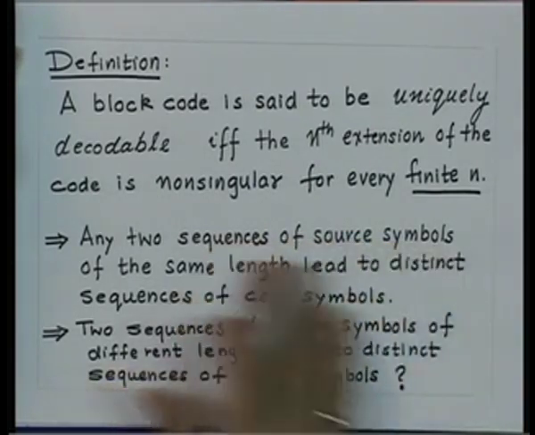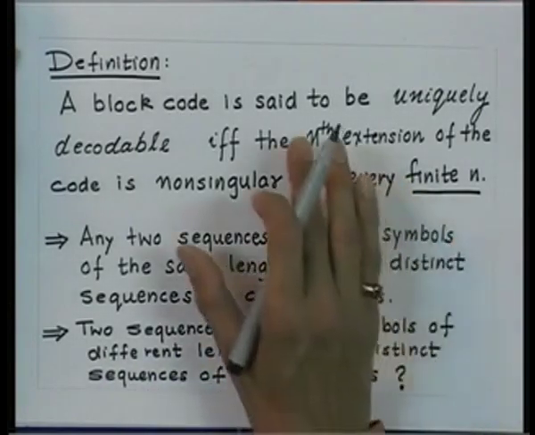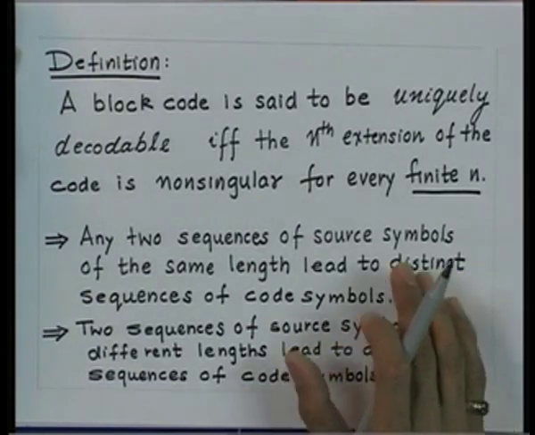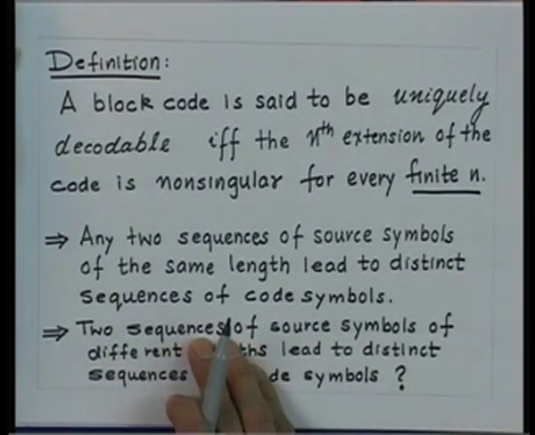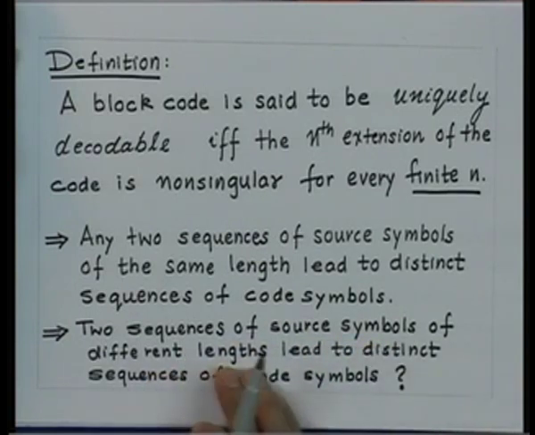Now, this is not very difficult to see because it is by the definition of uniquely decodable. But we also desire that two sequences of source symbols of different lengths lead to different sequences of code symbols. Now, this is not very clear from this definition. So, let us try to prove this.